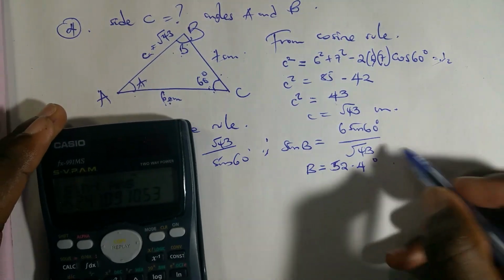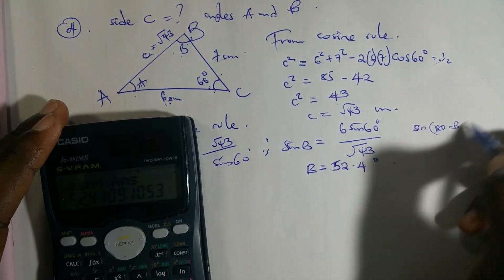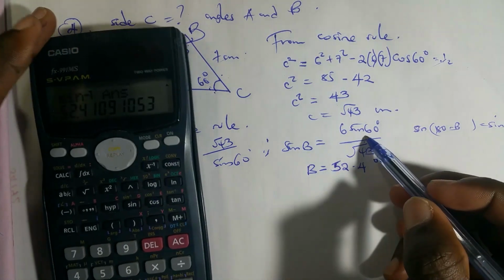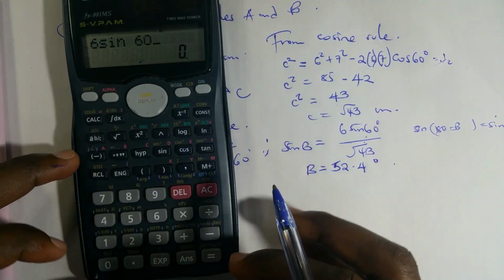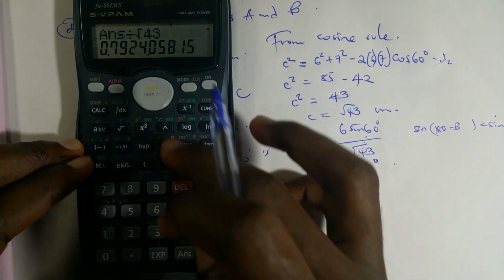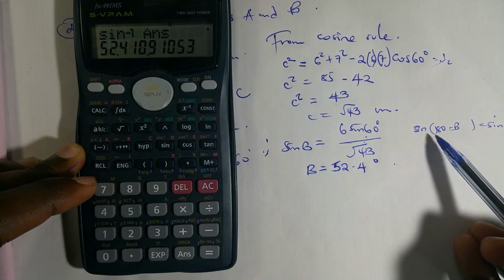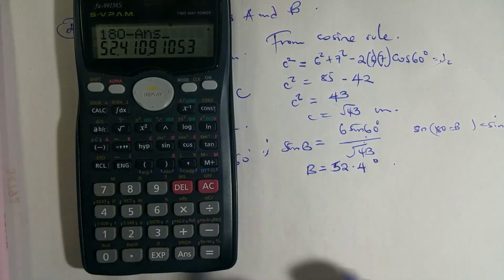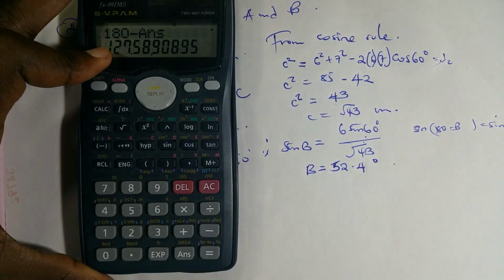So we also consider sine of 180 minus B, which will be the same as sine B. So arc sine of 6 sine 60 divided by root 43, that was 52.4. Then we're going to have 180 minus the answer from what we did before, so it's 127.